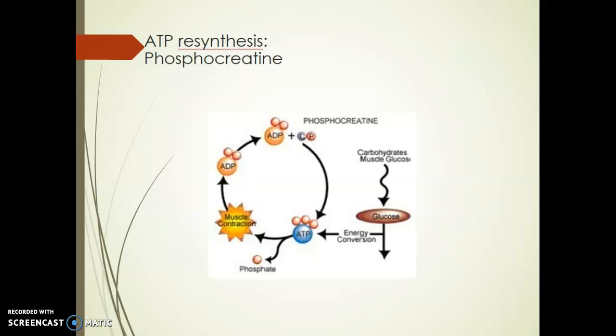For the ATP to resynthesize, there has to be PC present, as PC delivers a phosphate molecule to ADP to form ATP. PC contains a phosphate and a creatine. They are found in the muscle cells as well. When the phosphate gets released from the PC, the only molecule left is a creatine.